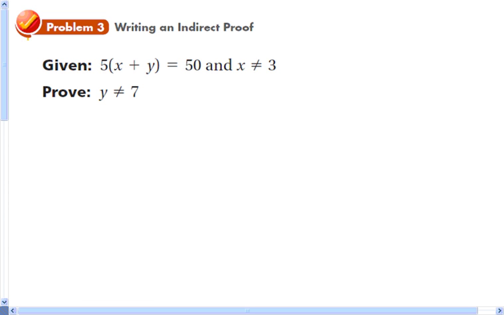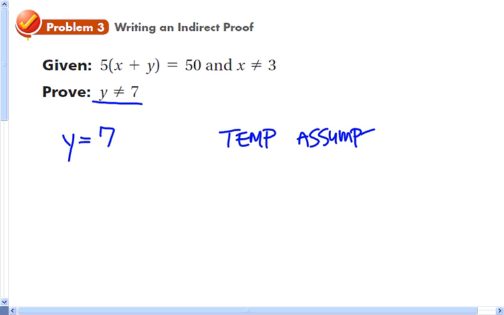All right, to write an indirect proof, we want to do the 3 steps that we talked about earlier. The first step is to make a temporary assumption of what we're trying to prove. So first of all, we're going to say y is equal to 7. And our reason for that is we temporarily assume the negation of what we're trying to prove.